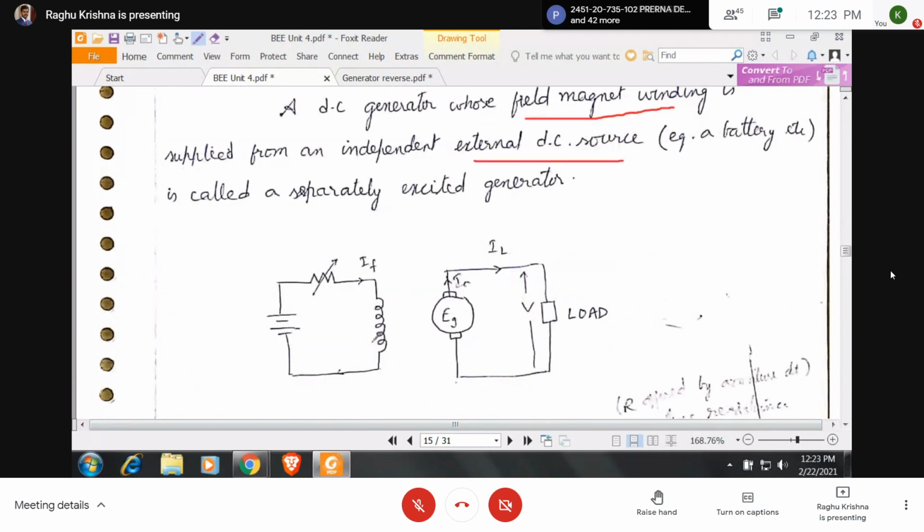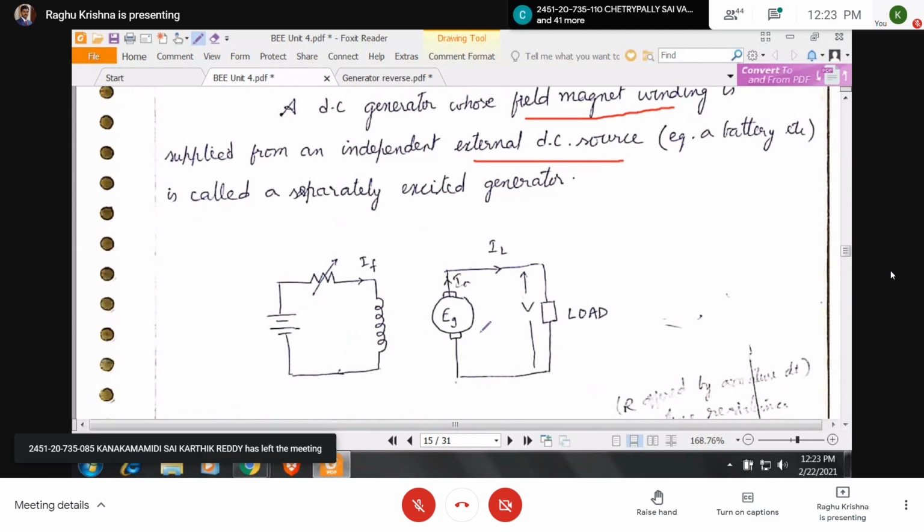See here, this is the field winding on the field poles. If the winding is connected to a separate DC voltage like a battery, then this type of DC generator is called a separately excited DC generator.